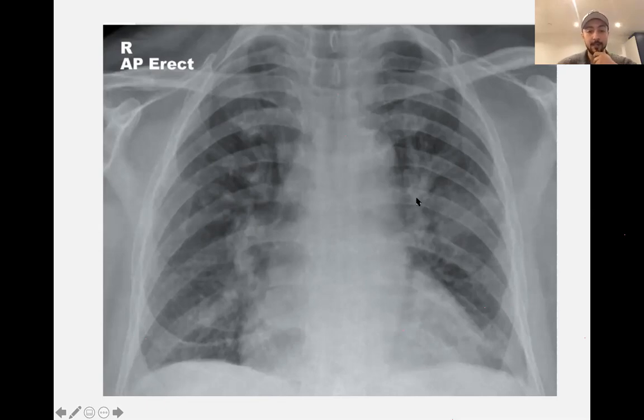I'll show you in a second. And you can also see here the large blood vessels on the upper lobes, here as well, here as well, here as well. These are large, big vessels that are dilated.